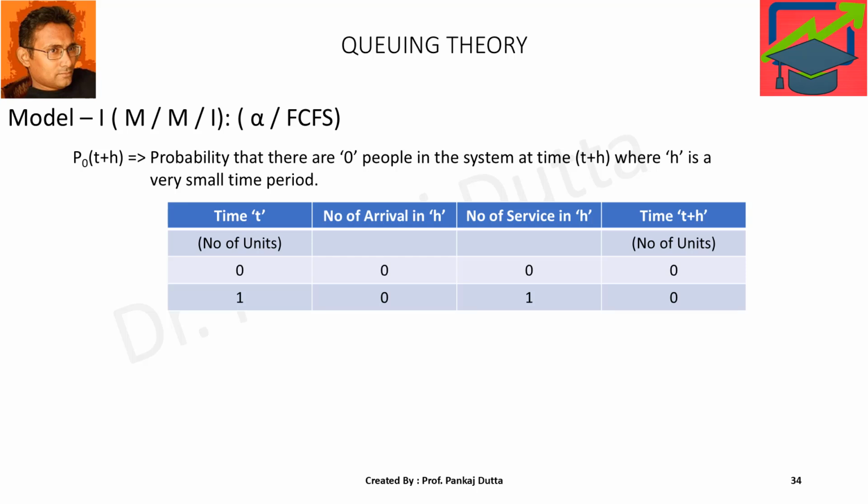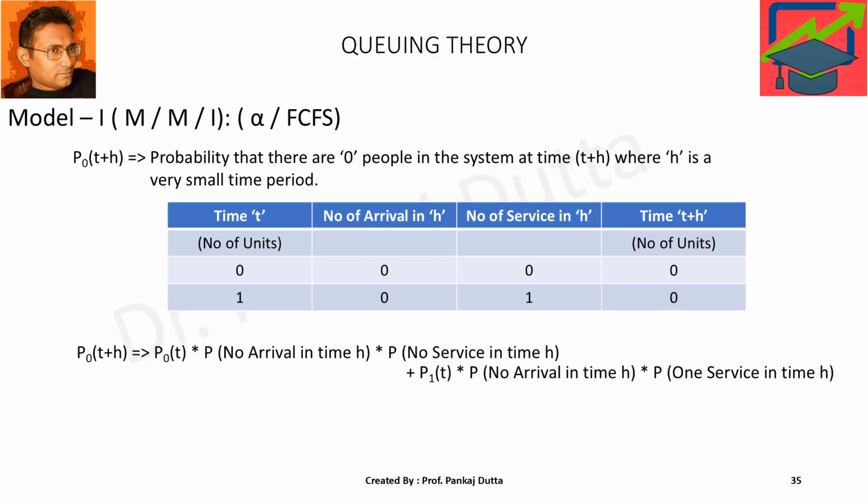In the first situation, there are 0 people in the system at time t, and without any arrival and without any service in time period h, there are 0 people even at time t plus h. In the second scenario, there is 1 person in the system at time t, and with no arrival and only one service in time period h, there are 0 people at time t plus h.